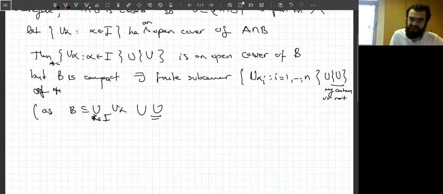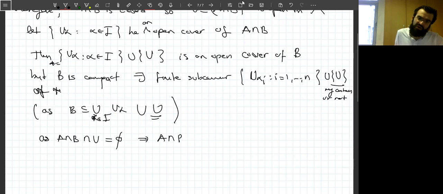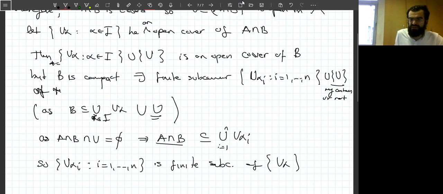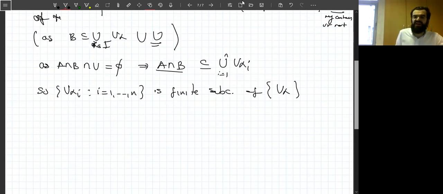Without U or with U, it's a finite subcover. As A intersection B intersection U is empty, A intersection B is contained in the union of the U_i, a finite subcover of the cover U_alpha. This implies A intersection B is compact.